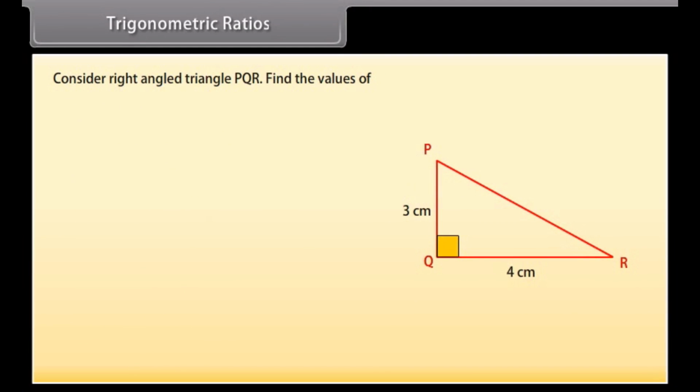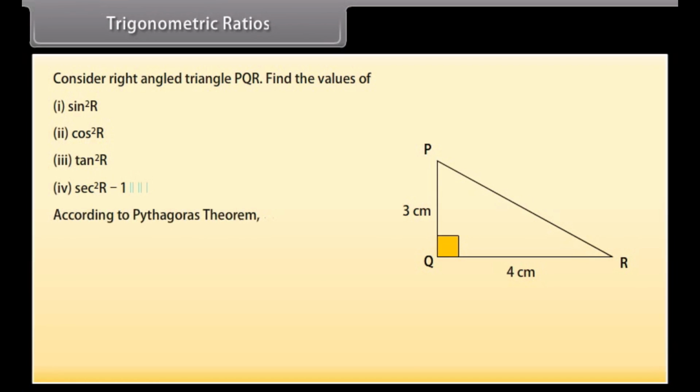Consider right-angled triangle PQR. Find the values of sine square R, cos square R, tan square R, sec square R minus 1. According to Pythagoras Theorem, PQ square plus QR square is equal to PR square. By substituting the values, we get 3 square plus 4 square equals PR square.